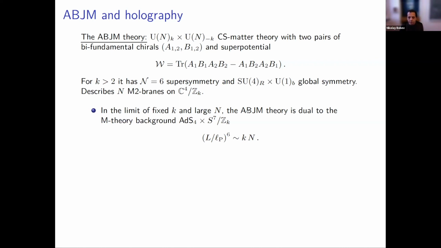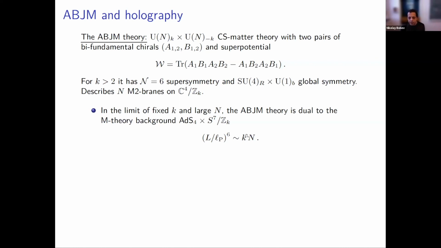In this limit, the claim is that this model is dual to 11-dimensional supergravity or M theory on the background AdS4 times a sphere, with certain identifications on the sphere, this Z_k modding. But importantly, this Z_k does not have a fixed point on the sphere. So this manifold is completely smooth, S^7 mod Z_k.